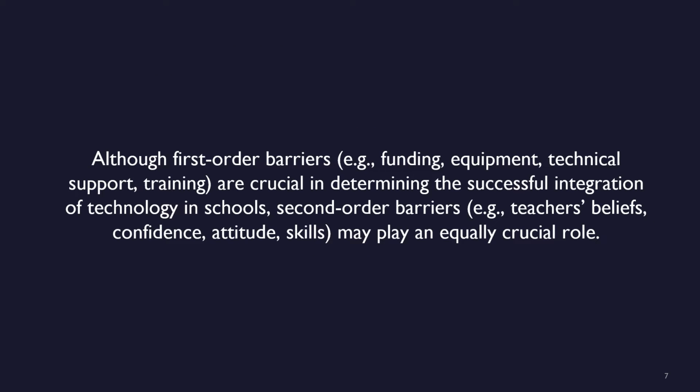Although first-order barriers, also known as direct boundaries, such as funding, equipment, technical support, and training, are all crucial in determining the successful integration of technology in schools, the second-order barriers, also known as indirect boundaries, for example, teachers' beliefs, confidence, attitude, and skills may play an equally crucial role.